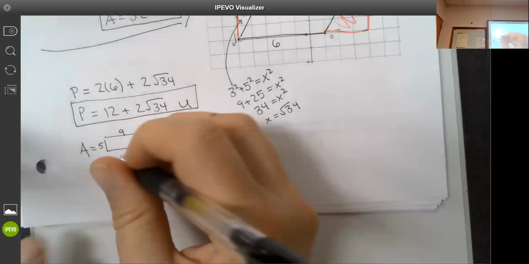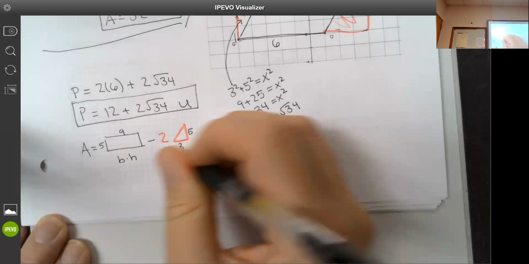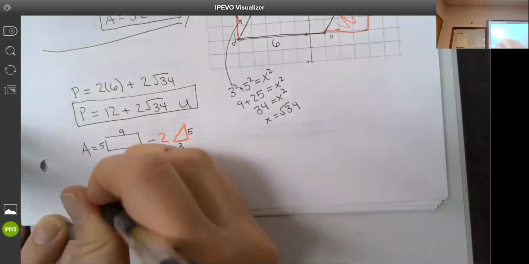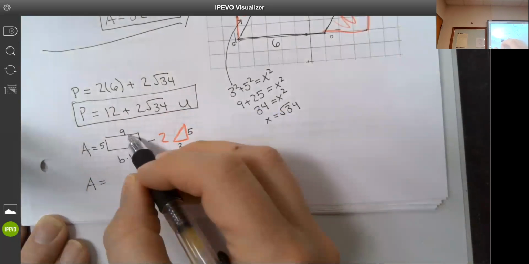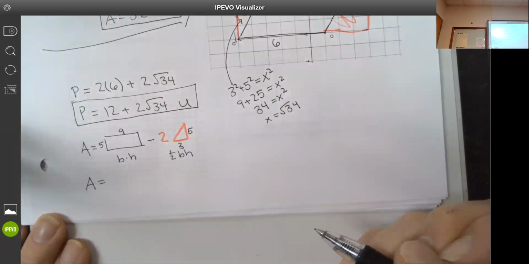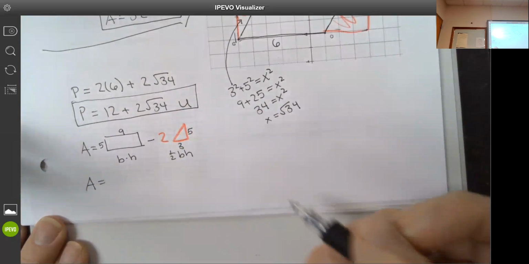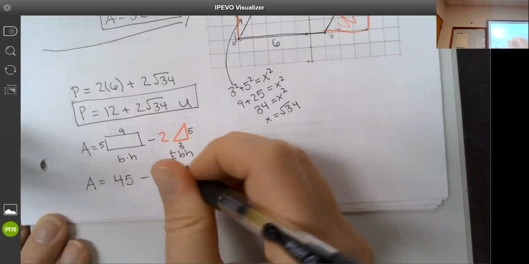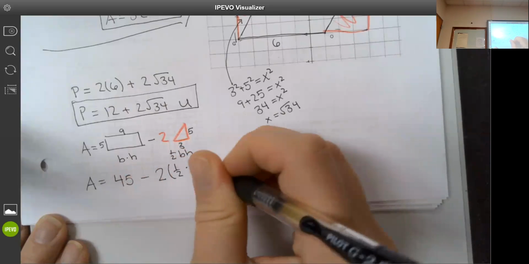And I know that my rectangle is base times height, and my triangle is 1/2 base times height. And I just do the math. So base times height here would give me what for the area of my larger rectangle? 5 times 9, 45. Minus, I have 2, I like to write this one out, 1/2, 3 times 5.